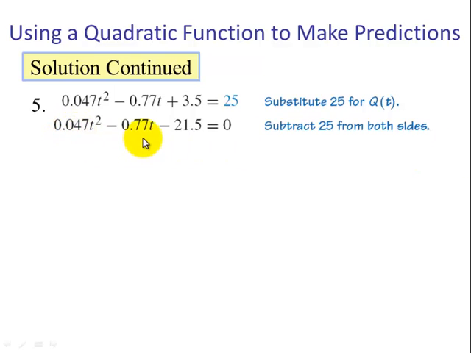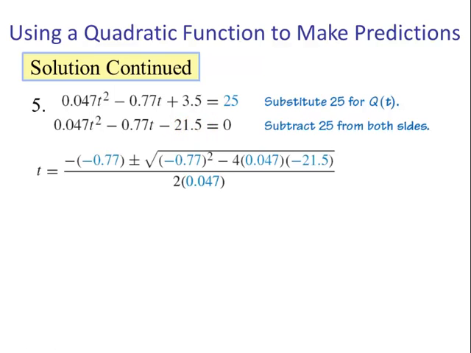This is our value of a, this is our value of b, and this is our value of c. Plugging these values in the quadratic formula, we get t is approximately equal to -14.71, which is outside the domain, or we get t is approximately 31.09.